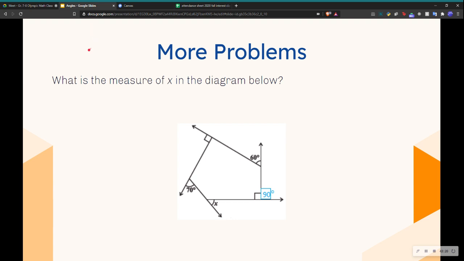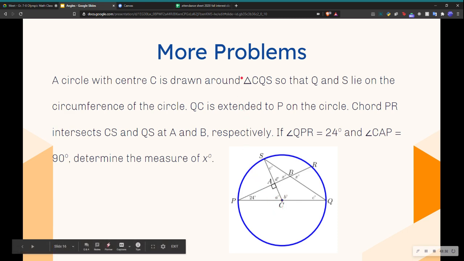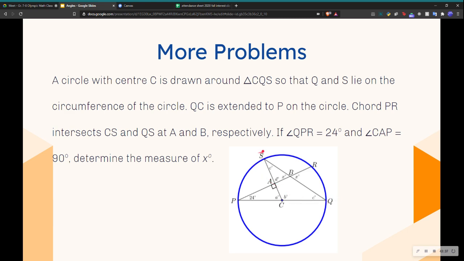Okay, let's move on. Last problem. So yeah, it looks much more complex than the previous one. So here we have a circle with center C drawn around triangle CQS, so C, Q, and S, such that points Q and S lie on the circumference of the circle. QC is extended to P on the circle.